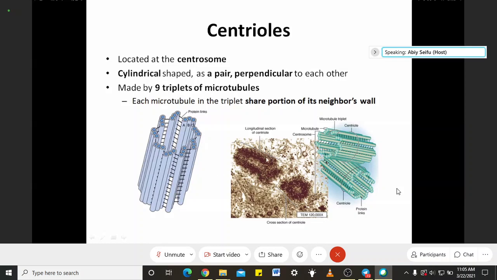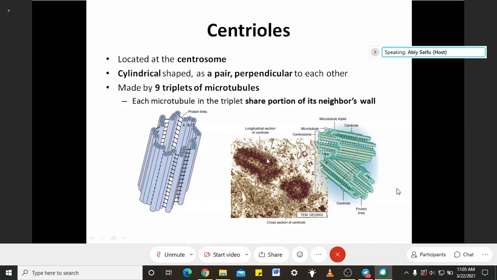You can see this in the middle picture. It is an electron microscopic photograph of centrioles. They are found as a pair, surrounded by many proteins. There are proteins, tubulins, that are also found in the vicinity. All of this together gives us what is named the centrosome.